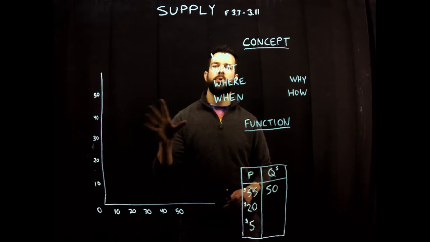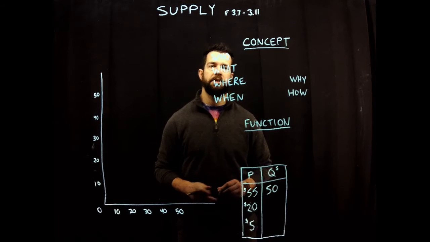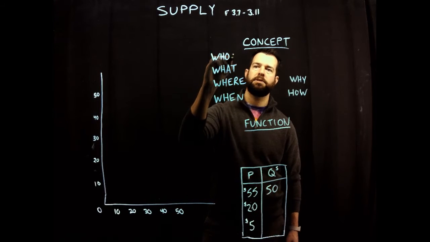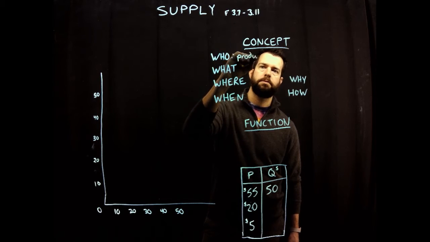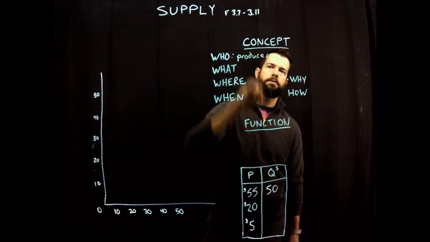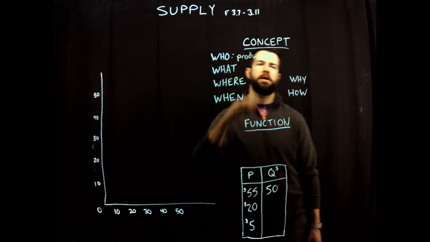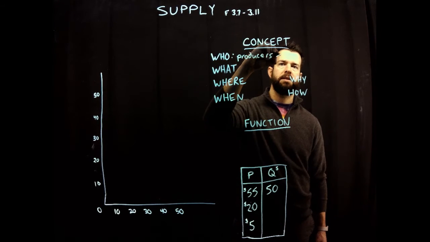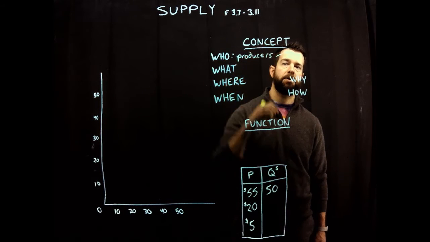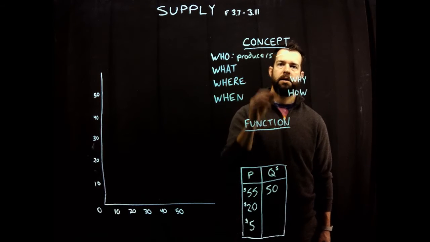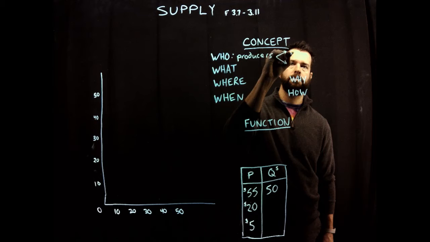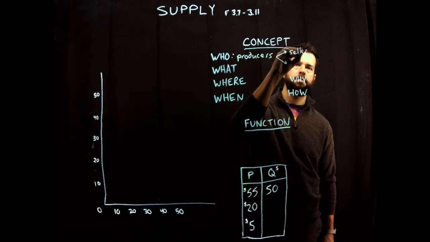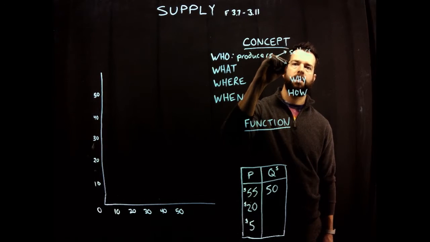Well, who does supply represent? It represents producers. And we break these down into two subgroups, and it's going to be the price that the producers receive for the good that is going to determine whether they are in the seller group or the non-seller group.